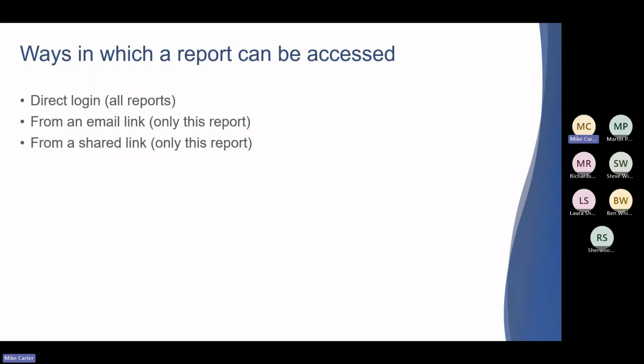And the bottom one, which I'm sure you're all aware of, is that you can share a report with someone who doesn't have a Sitemorse login. So those are the various ways that you can access the report. And what we're really talking about today is the first one, the direct logins.